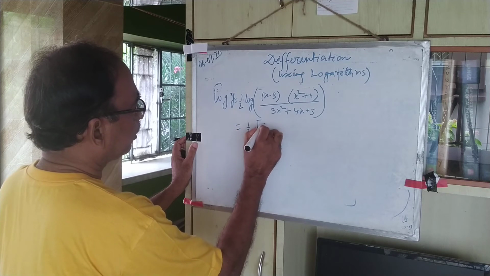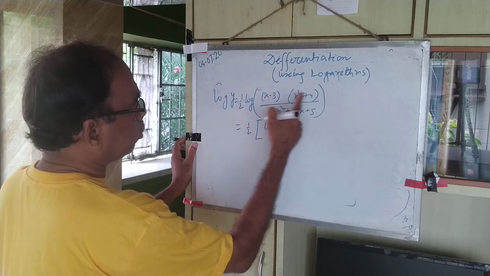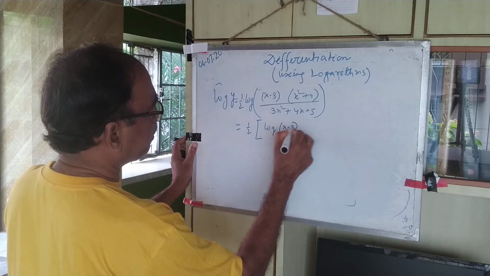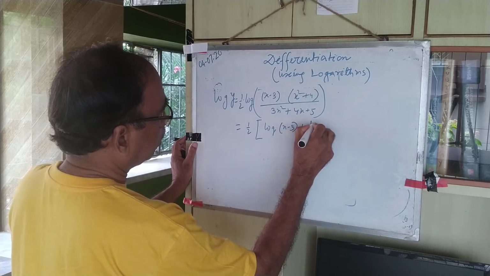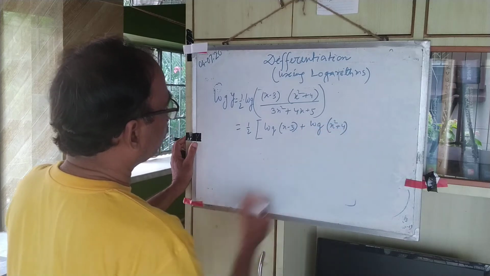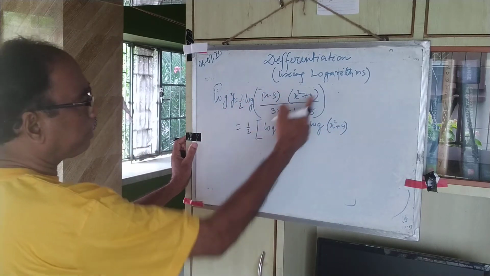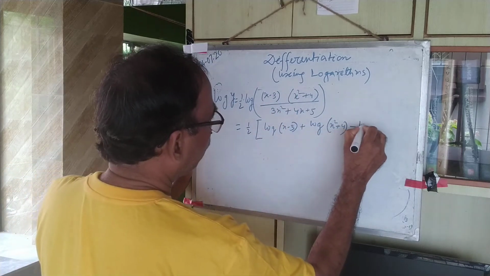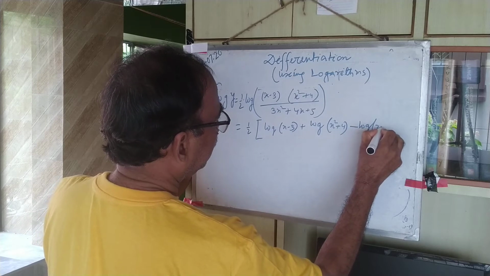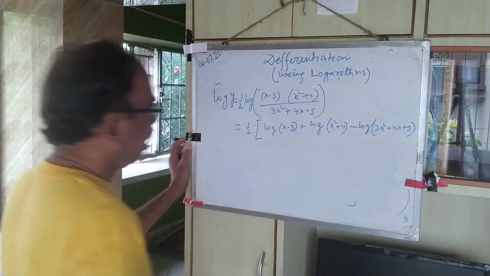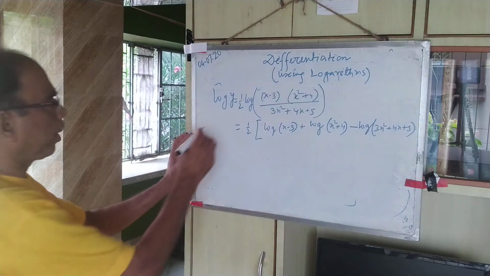Half common, log of u into v, product, log of (x minus 3) plus log of (x square plus 4). Log AB means log A plus log B. This is division, means minus log of (3x square plus 4x plus 5). So we get log y.